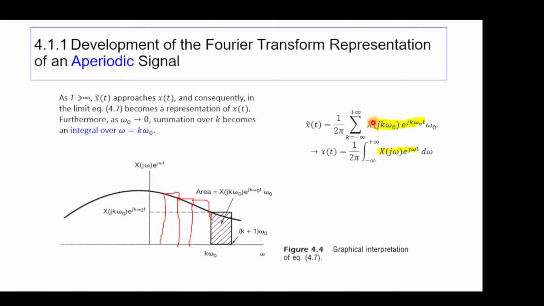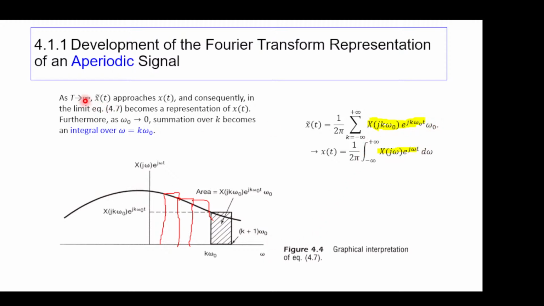So the height is X of jk omega naught e to jk omega naught t. This is exactly the height of the rectangle, and omega naught is the width. So this term for each k is the area of the rectangle starting at k omega naught, and we are summing from k minus infinity to plus infinity. So this whole thing is the sum over all those rectangles, an approximation to the area under this curve.